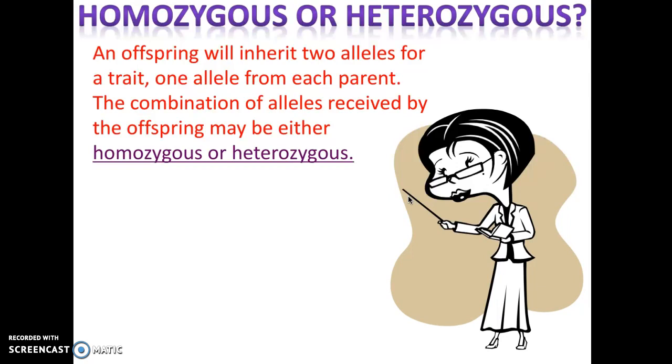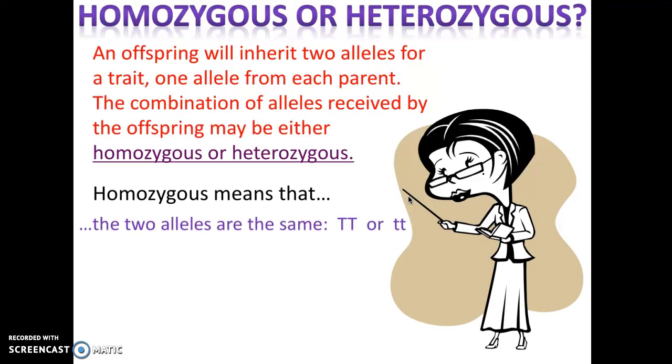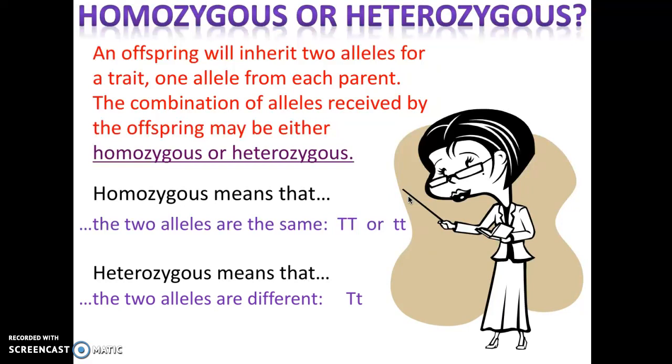Those alleles can either be homozygous or heterozygous. If it's homozygous, what that means is that the two alleles are the same: big T, big T, or little t, little t. Tall, tall, or short, short. If they are heterozygous, it means that they are different. So big T, little t, tall, short.